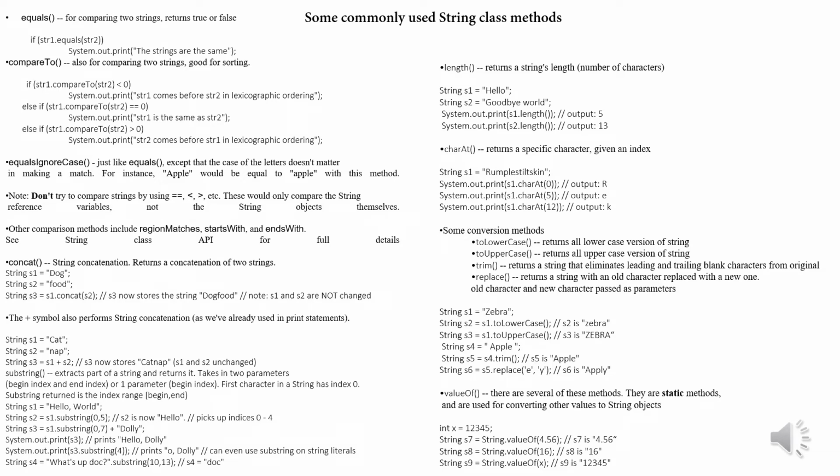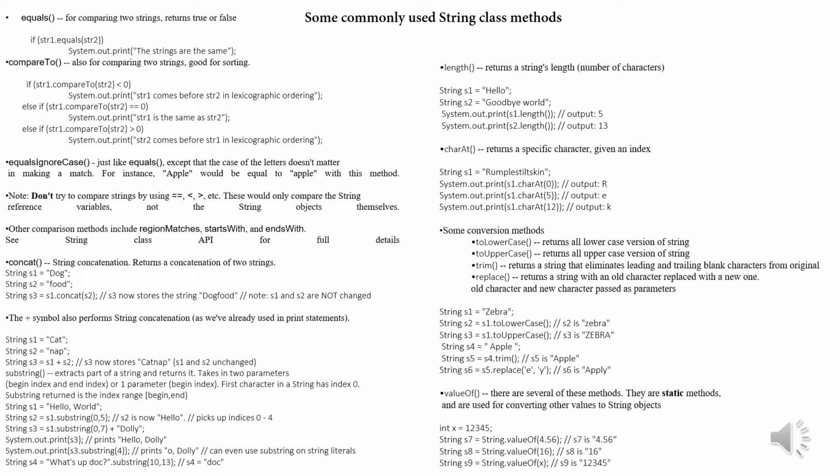So s3 is dog food, right? Another symbol that you can use to concatenate two strings is plus. As an example, if we have a string s1 be cat, a string s2 be nap, and a string s3 be s1 plus s2, now s3 is cat nap.